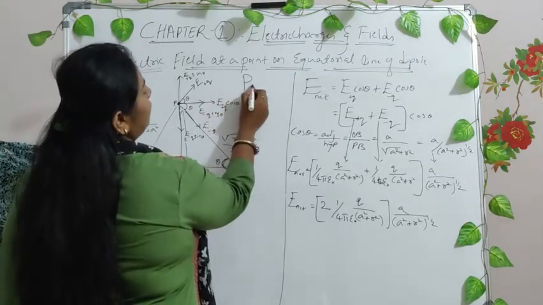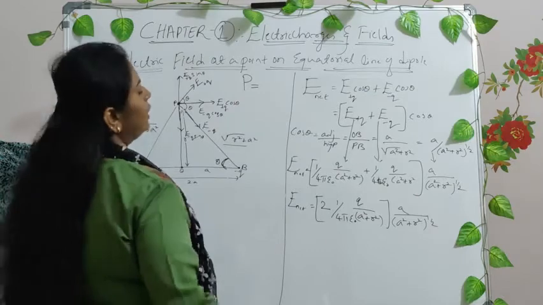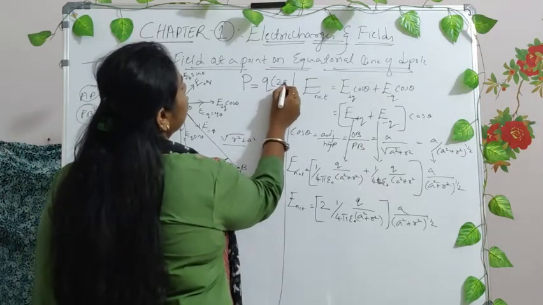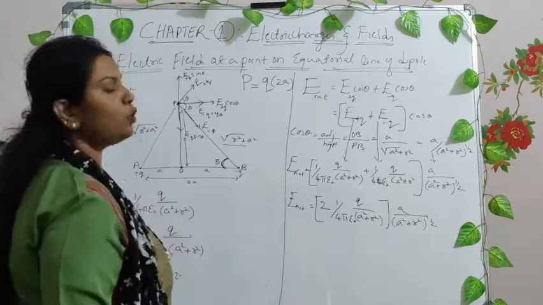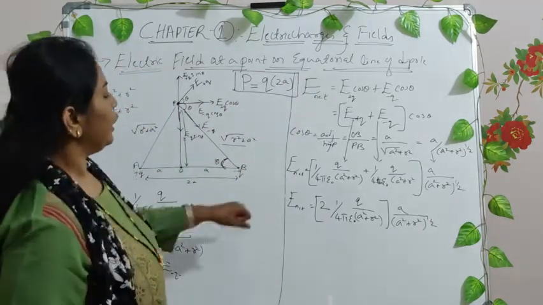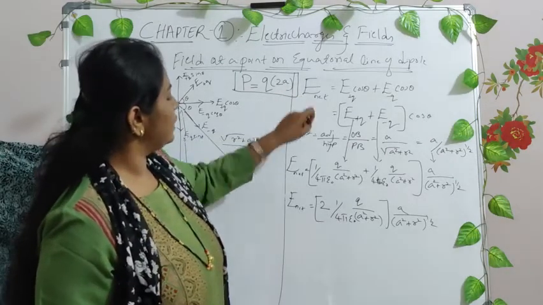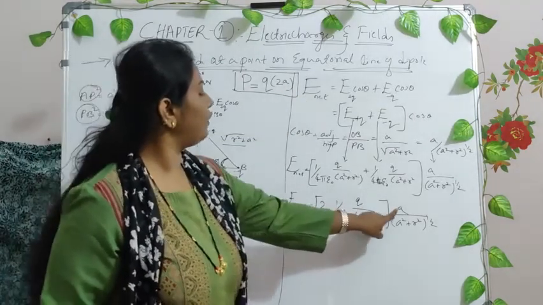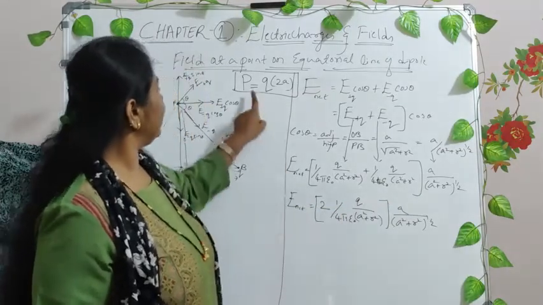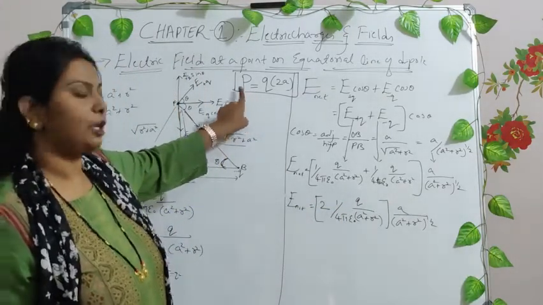What was the electric dipole? The electric dipole moment was the product of the charge and the distance between the charges of the dipole. Now, instead of having all these values here, you have 2, you have Q, you have A. Instead of writing 2QA, you can directly write the electric dipole moment.